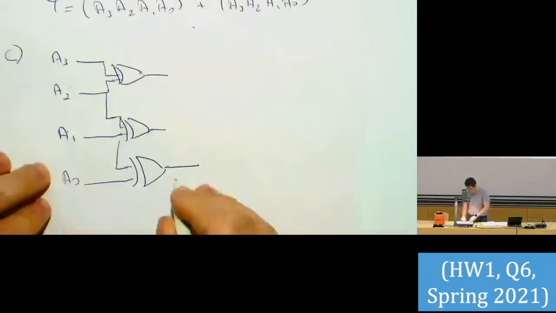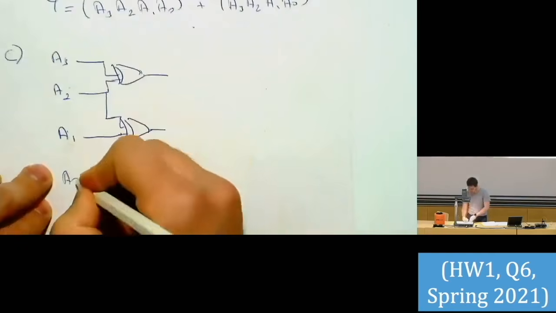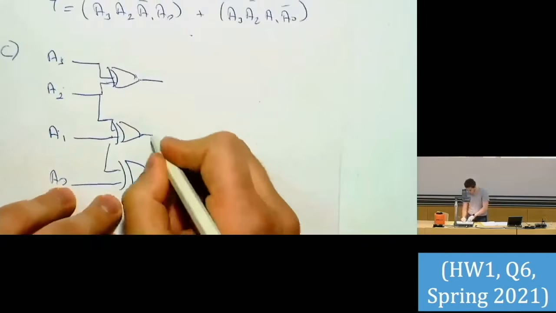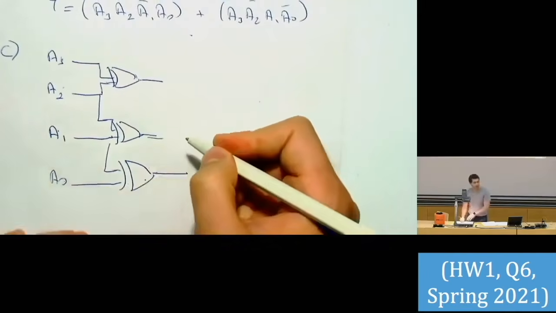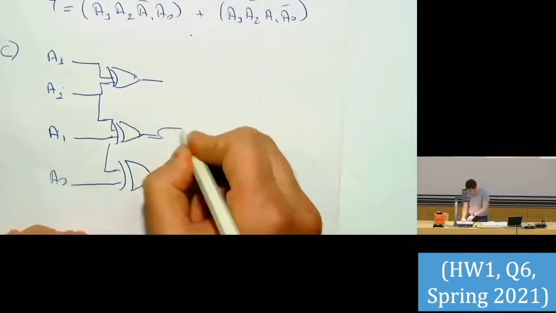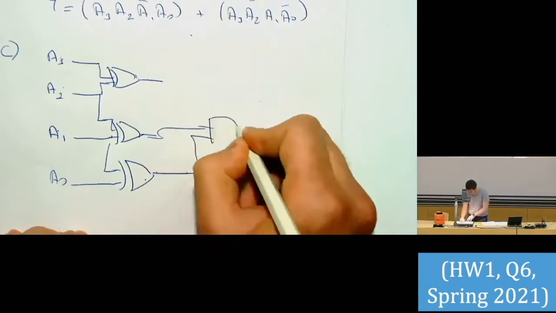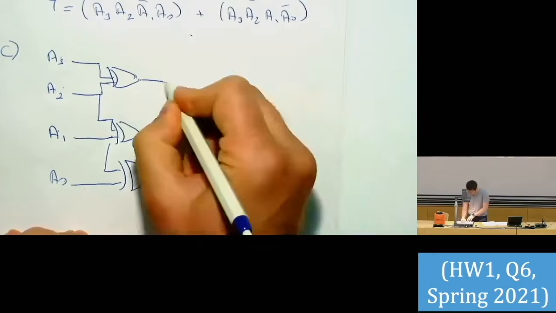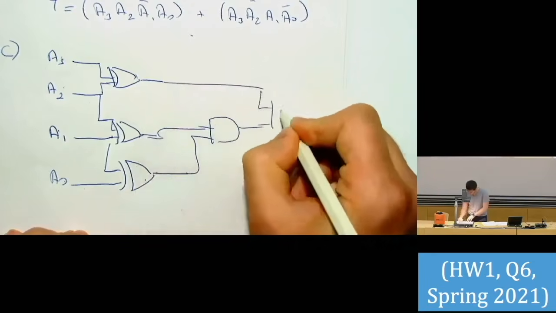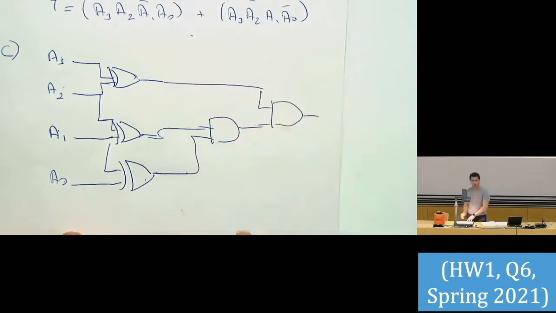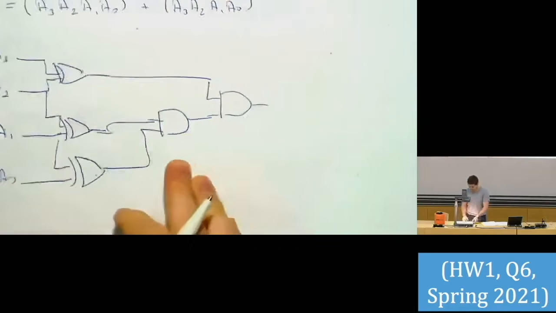And here, similarly, this XOR gives 1 when these are not equal to each other. So basically, I'm going to AND those, right? And this is our very intuitive circuit.